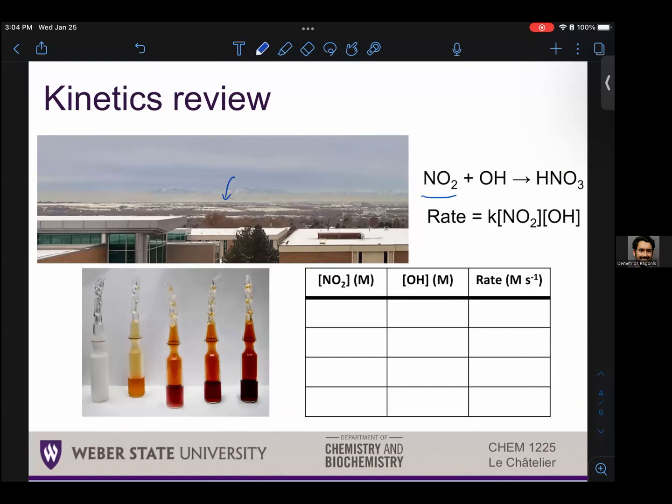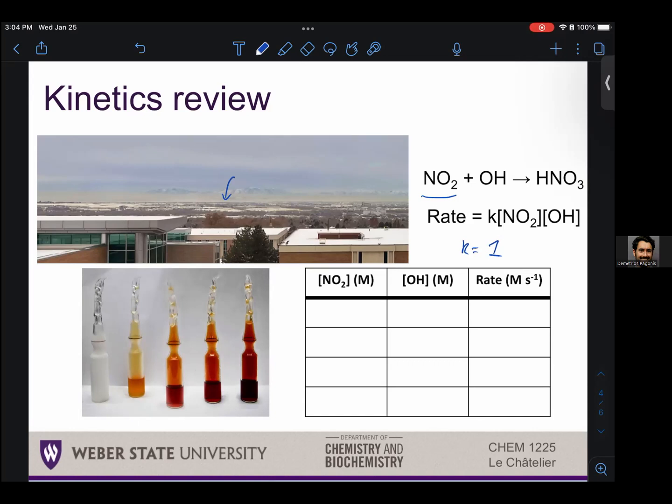Right? And the rate expression for this reaction is a rate constant K. We're going to make things simple and pretend that the rate constant K is just equal to 1 today. K times the concentration of NO2 times the concentration of the hydroxyl radical.